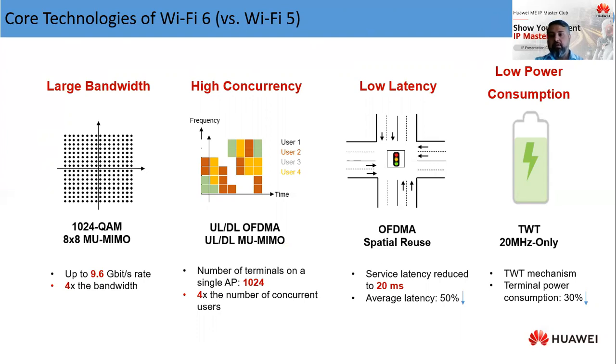But what happens in Wi-Fi 6 is that it uses BSS color coding, where each user is assigned a color code, and based on the color code, they can send data using the same channel without causing any issues or any interference with other users' data.